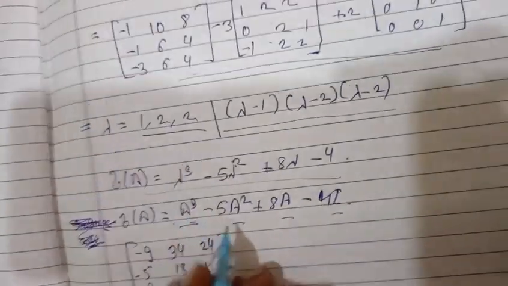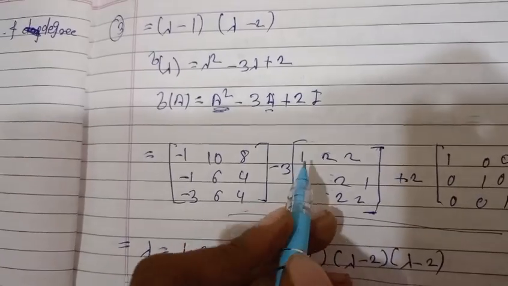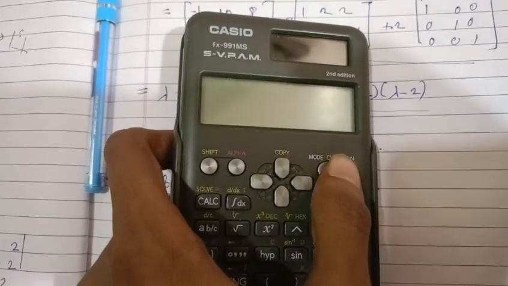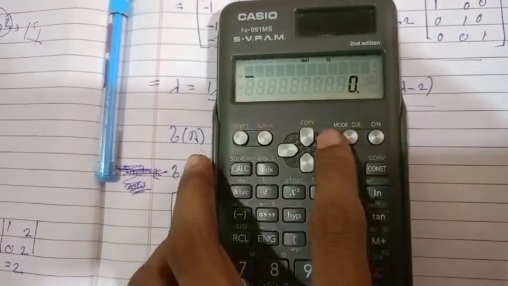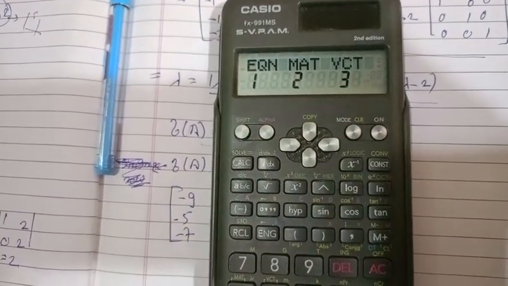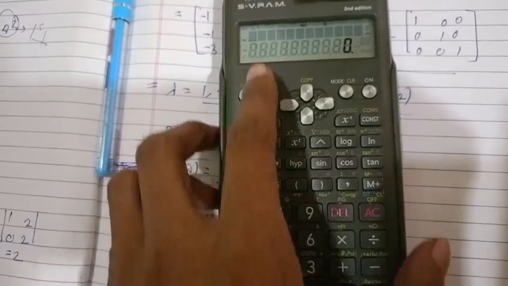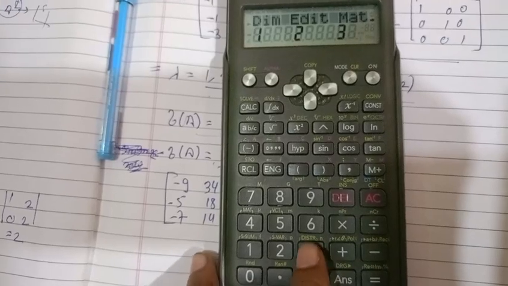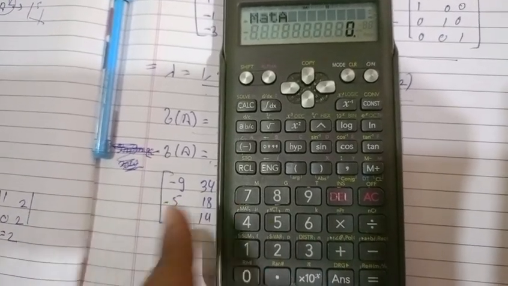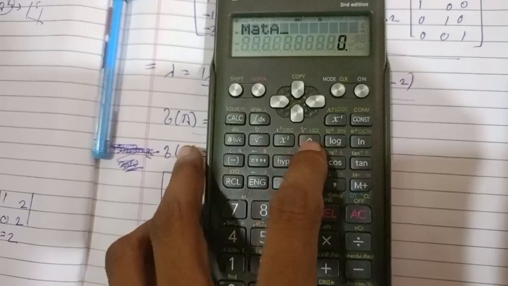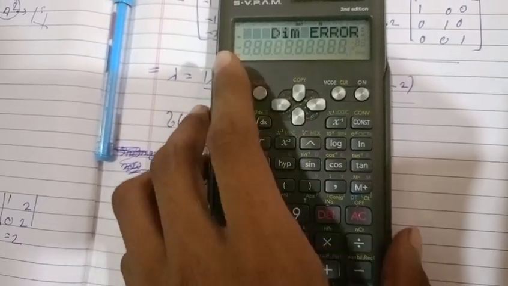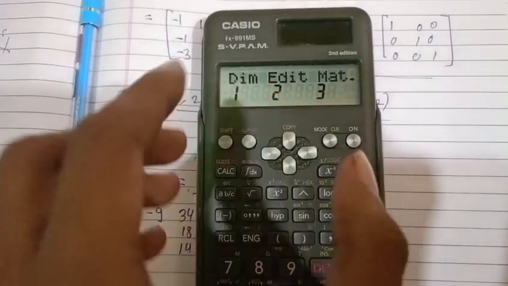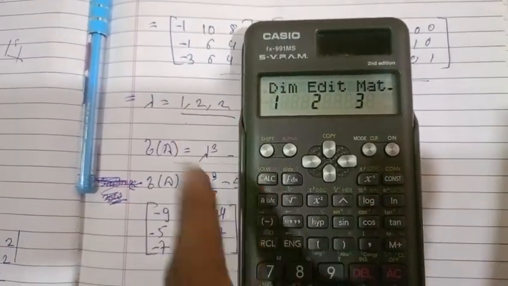This is how to solve. Firstly go to your mode, and mode directly 2, and next shift matrix, and put your values. I put every value with shift cube, sorry, just calculate it as a value put.